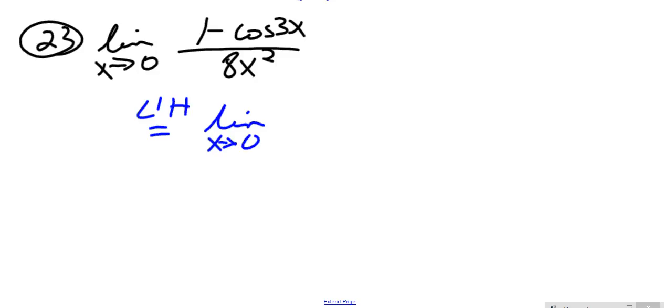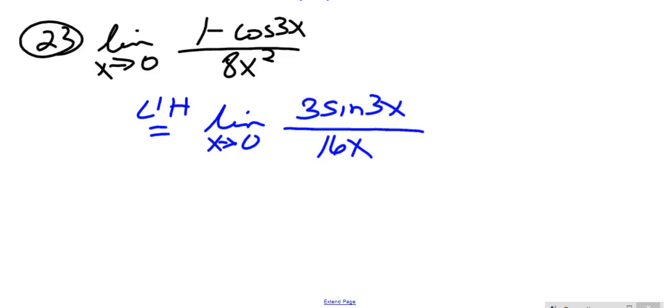As x is approaching 0, taking the derivative of the numerator using chain rule, the derivative of negative cosine would be negative of a negative sine, or positive sine of 3x, and then chain rule times 3. The derivative of the denominator would be 16x. At this point, I still can't do direct substitution. I still would get that 0 over 0 indeterminate form.